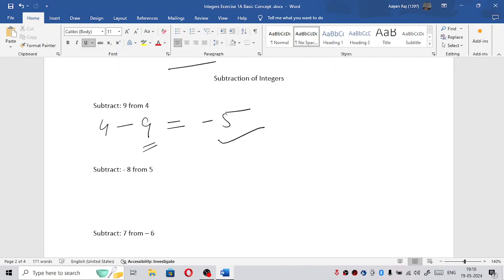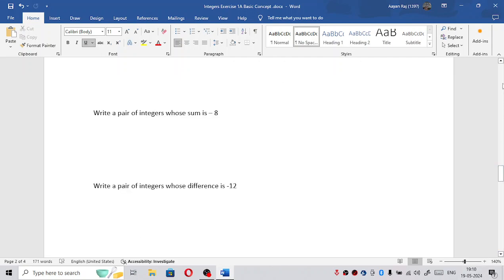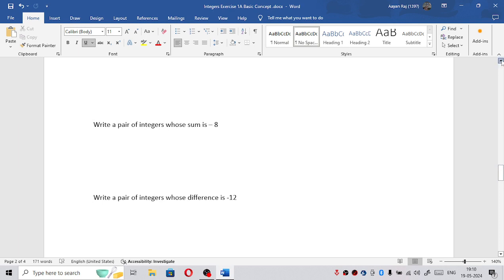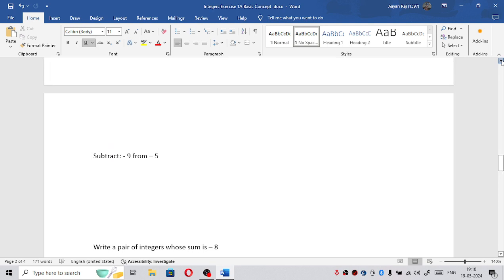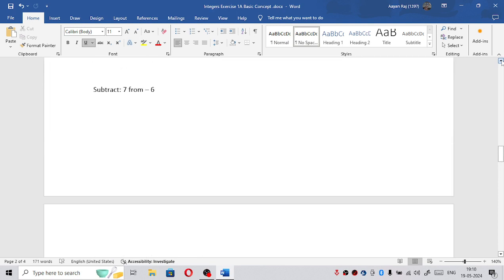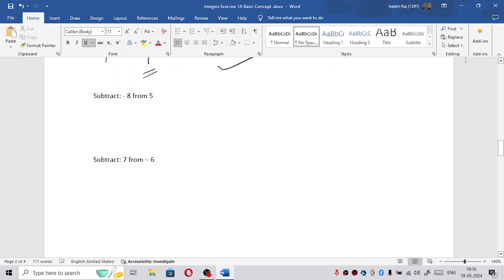Let's do another. Okay, here we are. Subtract minus 8 from 5, which means 5 minus 8. Since we have to subtract, I have put minus, and since the number is negative, put it in a bracket.